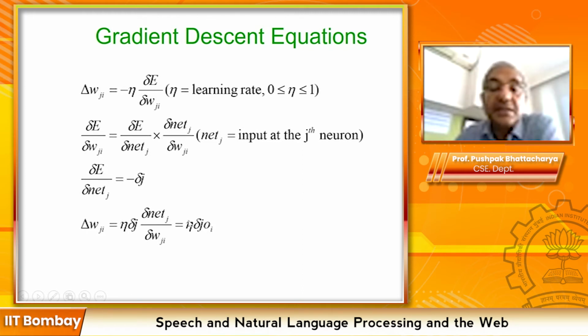This is a fundamental rule of any neural network based computation. Anywhere you see a weight change rule, you can ultimately reduce it to this kind of expression: learning rate, error function at the destination neuron, activity from the source neuron. So let's proceed.